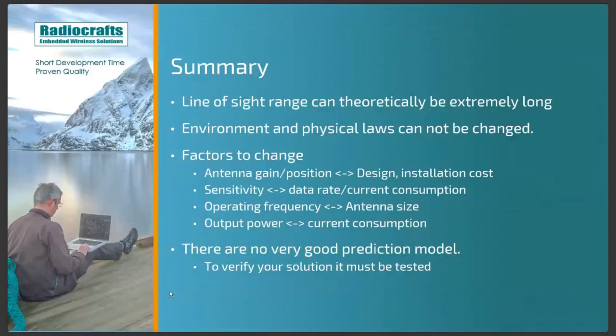You can change your operating frequency. Going down is better. It is significantly better just in open space, but when you go to penetration in buildings, it's even more important. Again, this is a trade-off versus antenna size. And also the output power is something you can increase, but you need to watch regulations, and it has the cost of current consumption again.